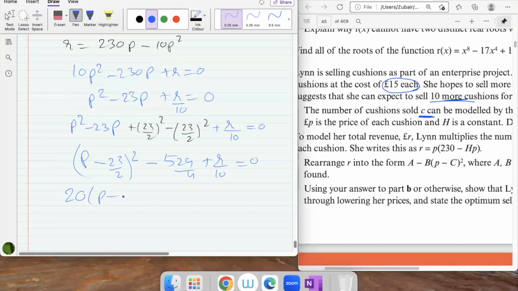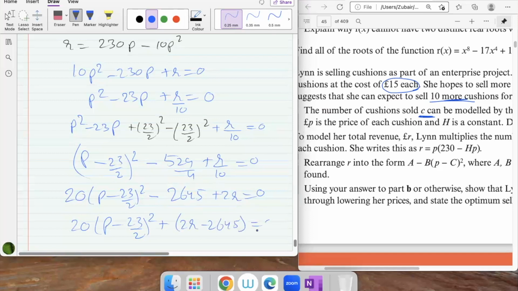So this is 20(P minus 23 by 2) whole squared minus 2645 plus 2R is equal to 0. So this is our overall constant: 20(P minus 23 by 2) squared using a positive sign, 2R minus 2645.